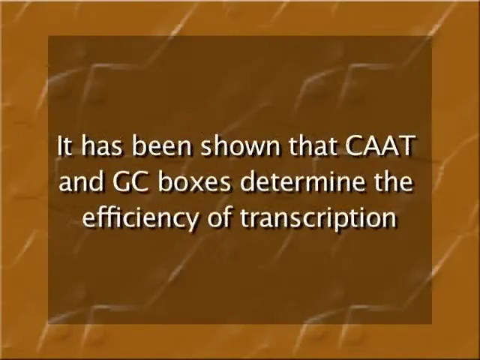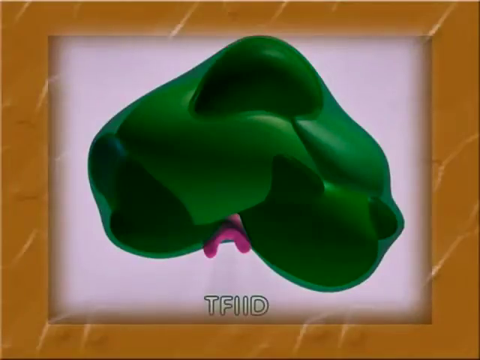It has been shown that the CAT and GC boxes determine the efficiency of transcription, while the TATA box aligns RNA polymerase at the proper site with the help of transcription factor 2D, TFIID, and other transcription factors.